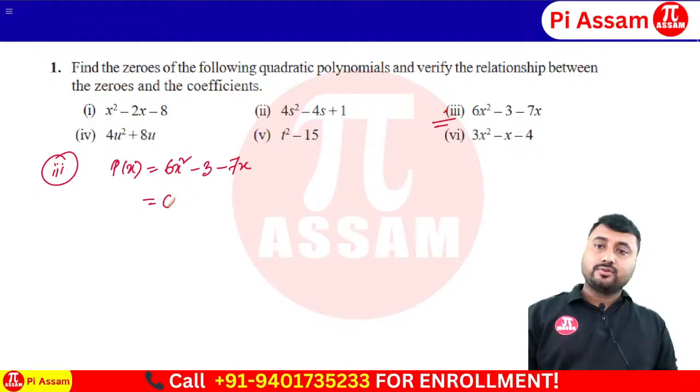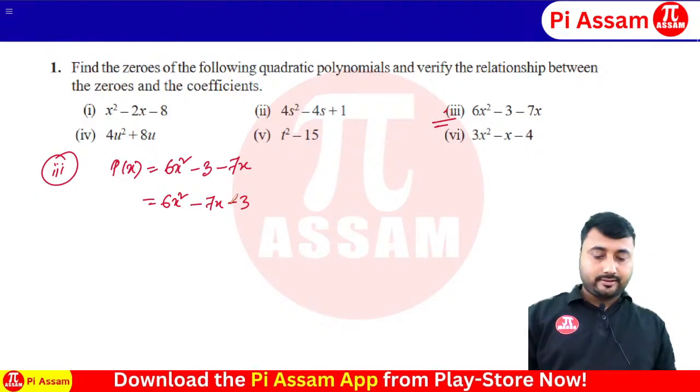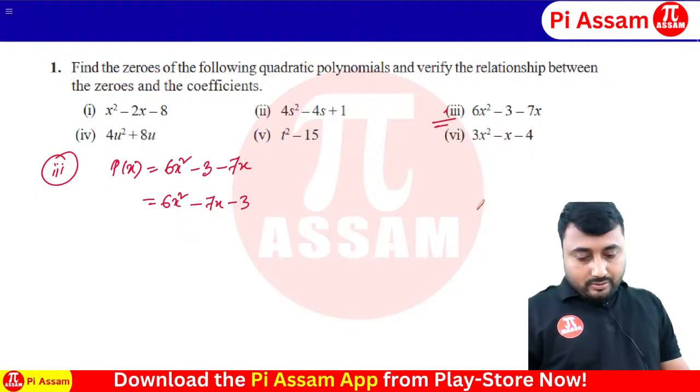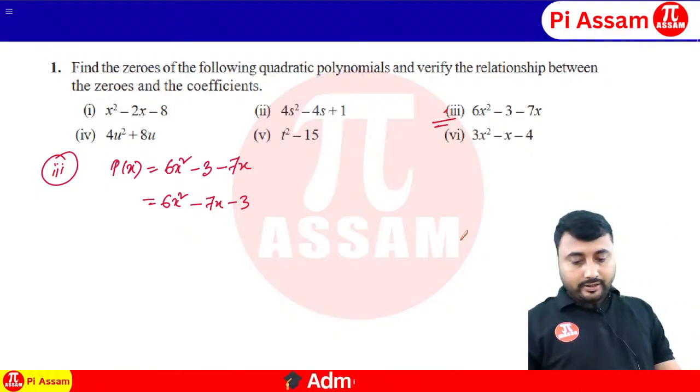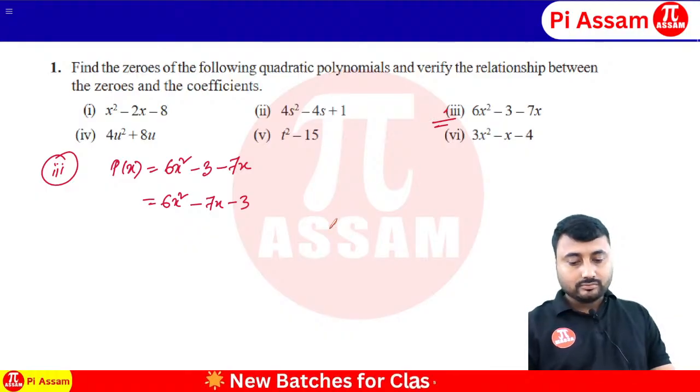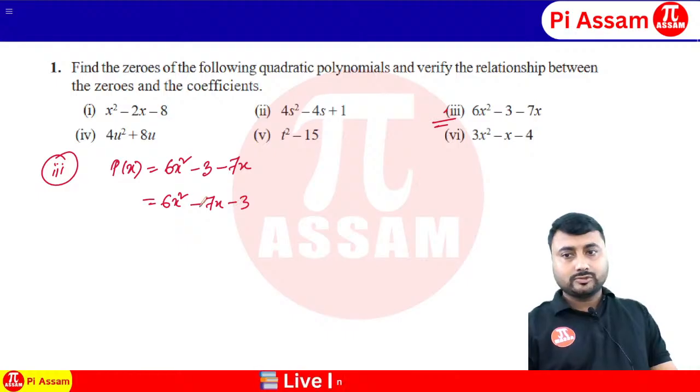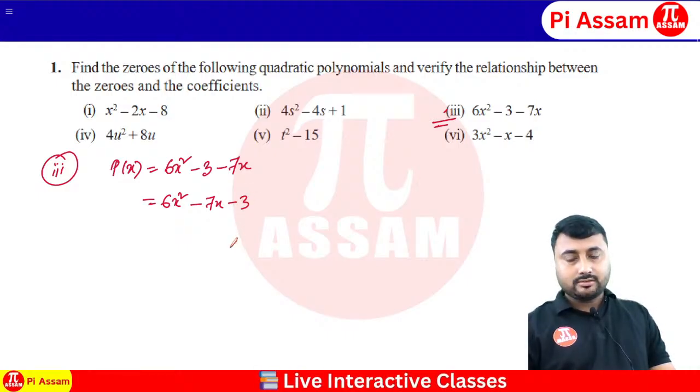So we rearrange this one, 6x square minus 7x minus 3. So how can we express this? Six threes are 18, right?